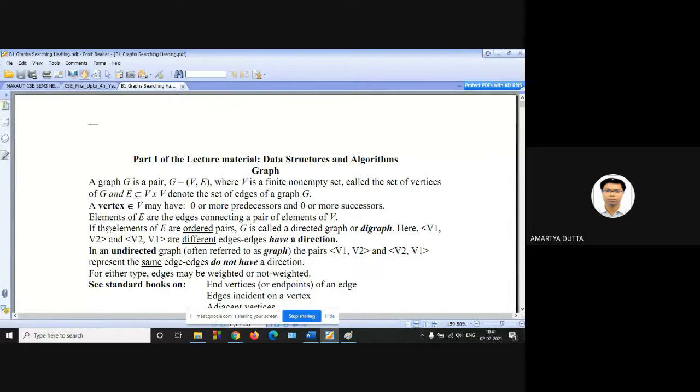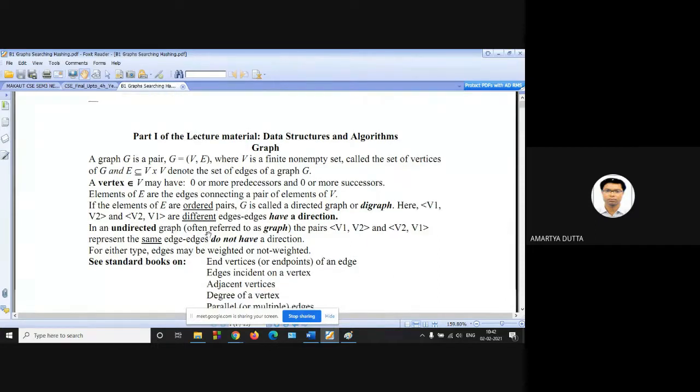So the elements of E are the edges connecting a pair of elements of V. And the elements of E, that is the edges, are ordered pairs. What do we mean by ordered pairs?